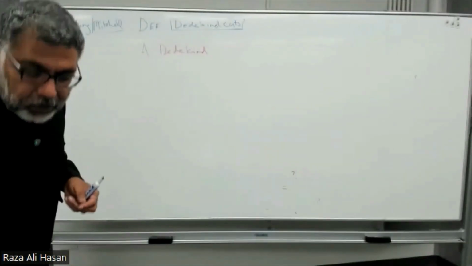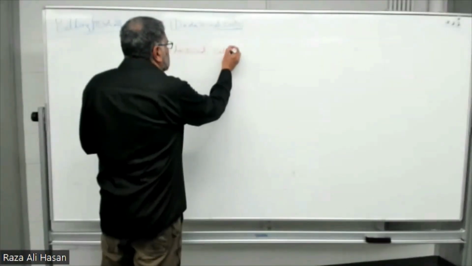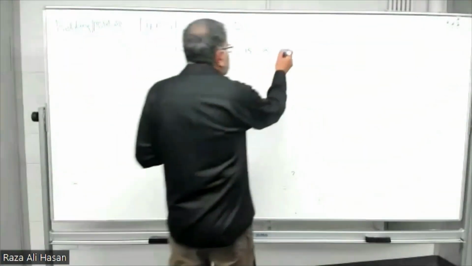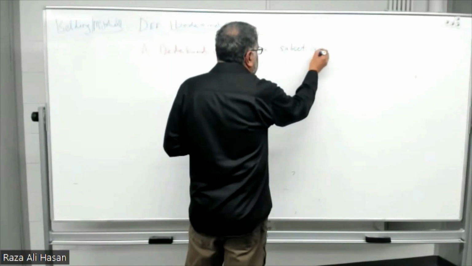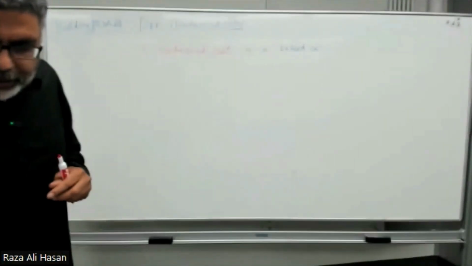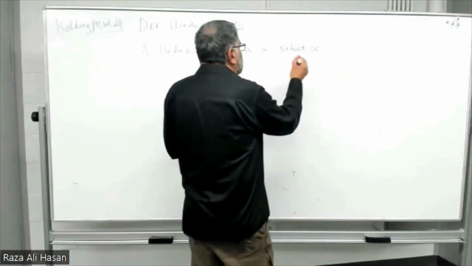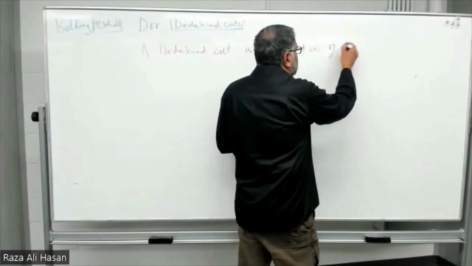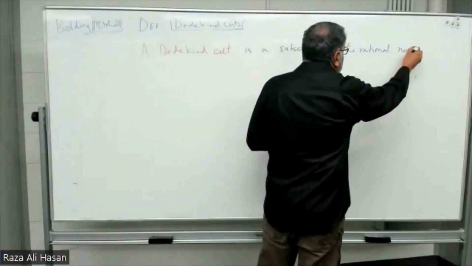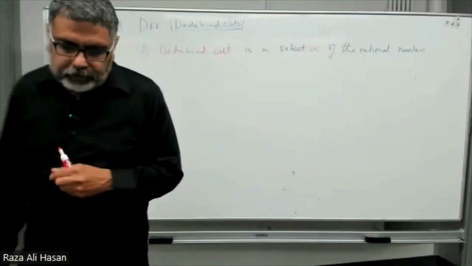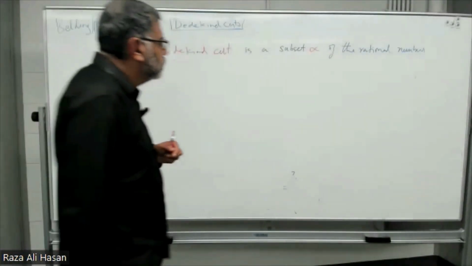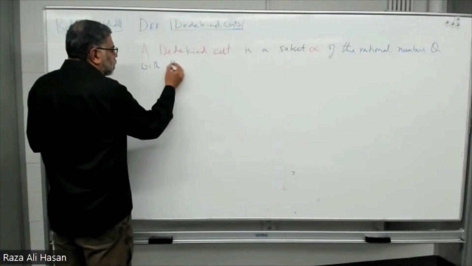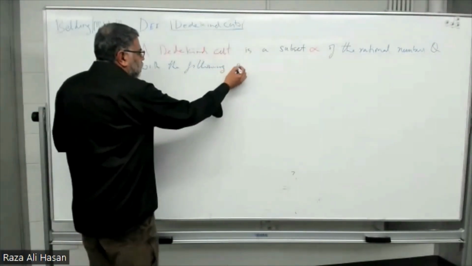A Dedekind cut is a subset, and we're going to call it alpha, a subset alpha of the rational numbers Q with the following properties.